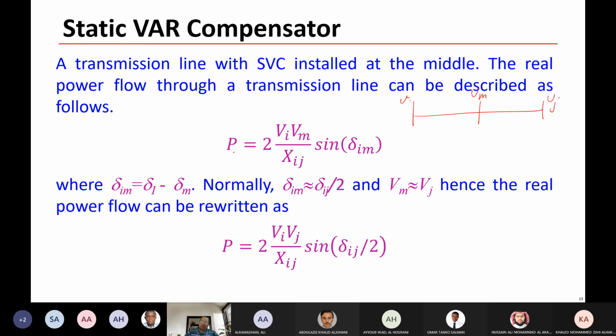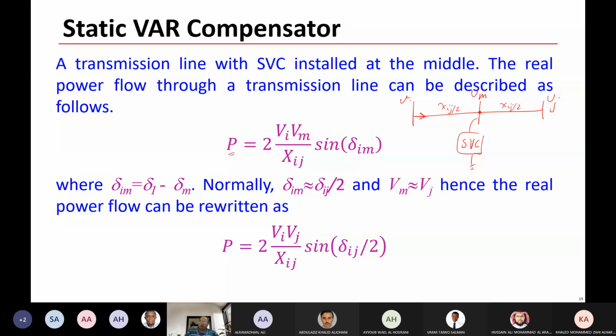So you can write the power transfer through this. You have a capacitor here, and this is the SVC here. So the power here equals this reactance Xij over 2 and the reactance here Xij over 2, because you install this at the midpoint of the line.